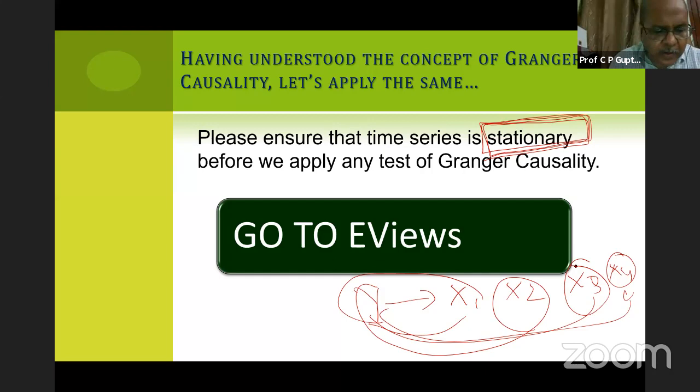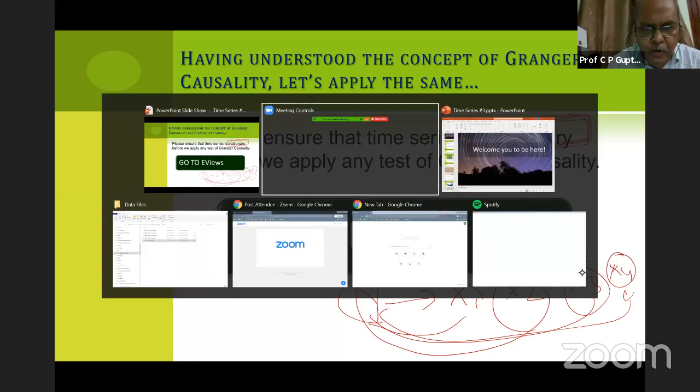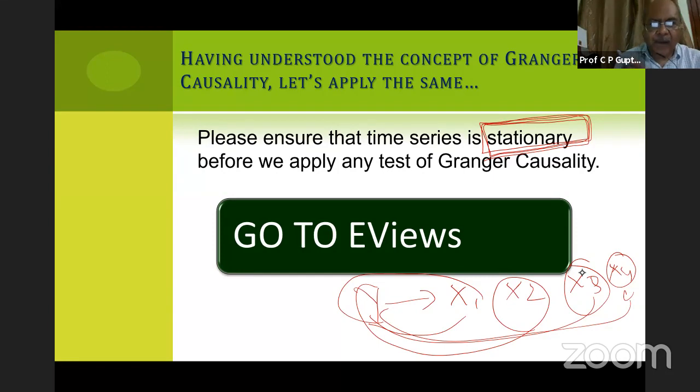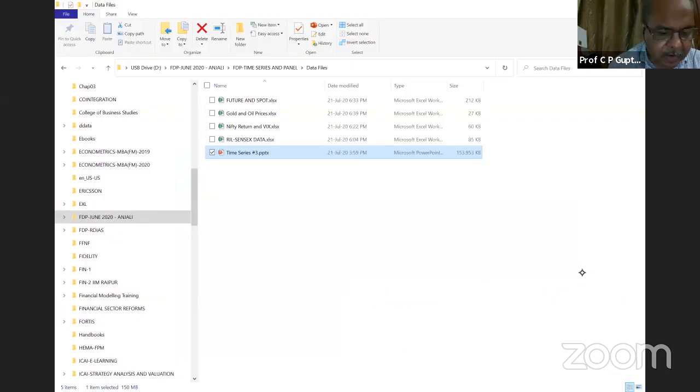So let's go to EViews and see how we can do the Granger causality test in EViews.